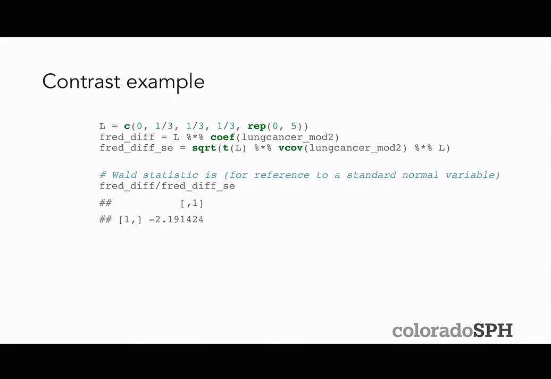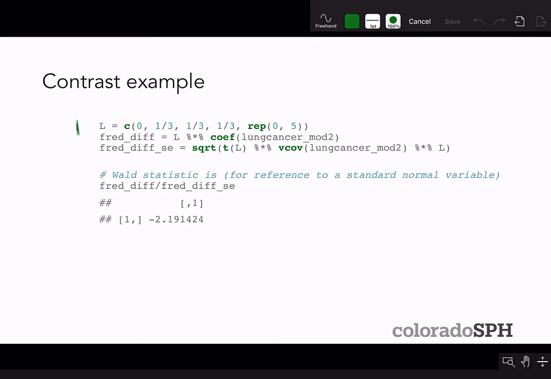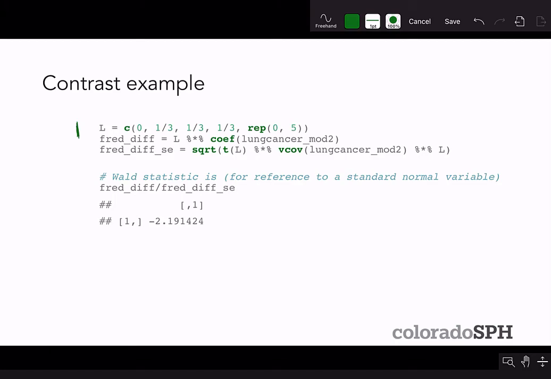To actually implement this in R, you build a contrast vector. That's what's here. You multiply that by the coefficients of your model, and that gives you the mean of the contrasts.